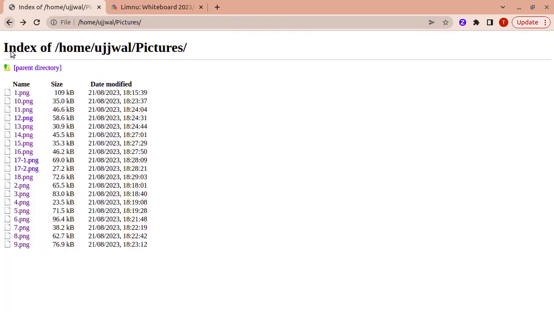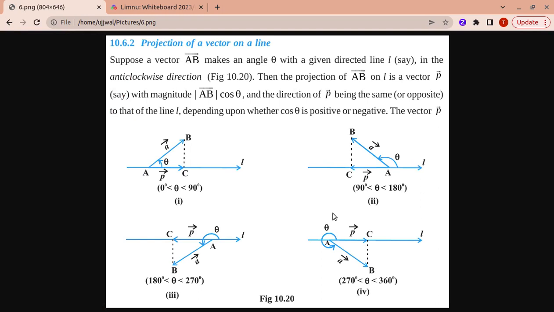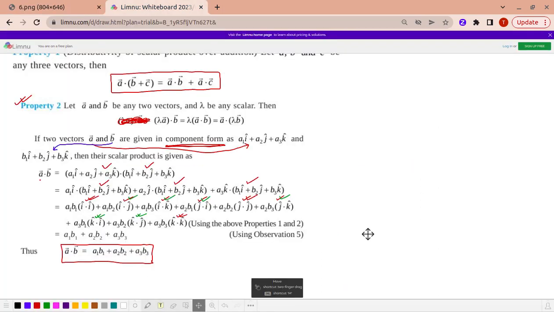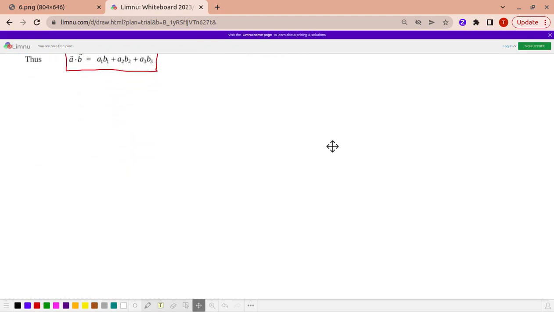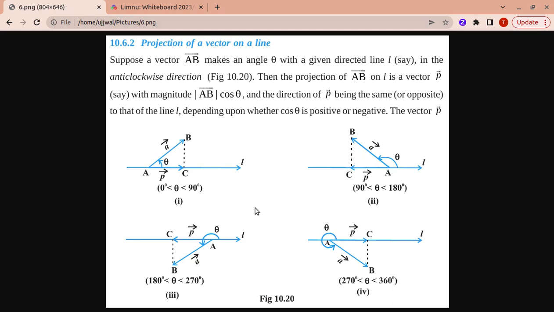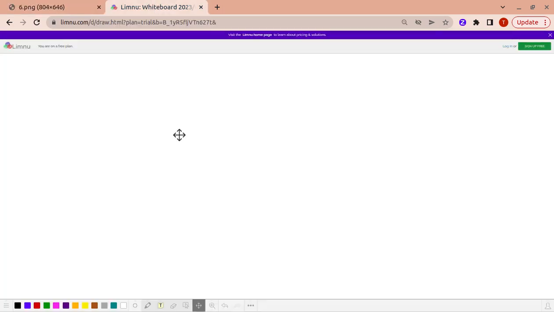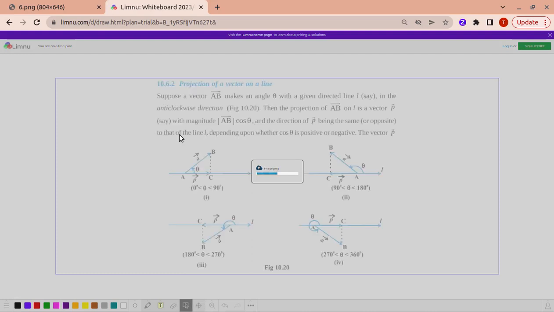Now let's go to the next part, and that we are going to discuss is the projection of a vector on a line. Very important. In fact, this has immense application in physics, in mechanics. I hope you have gone through it as well, but here also I am going to explain and hope you will enjoy it.